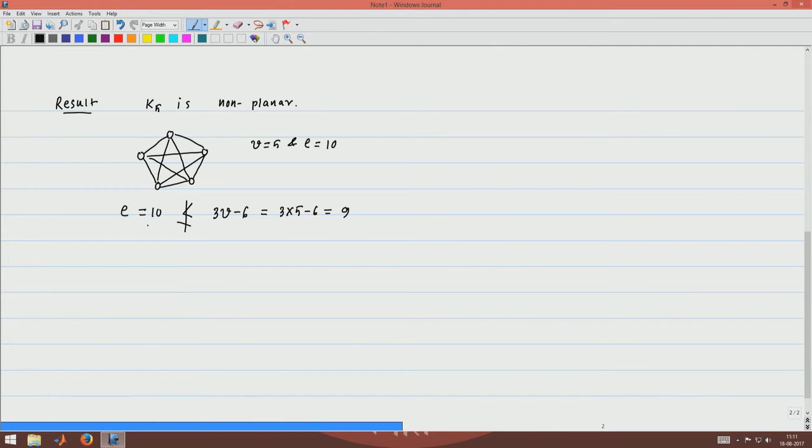So, here the number of edges is more than 3V minus 6. So, K5 is non-planar.